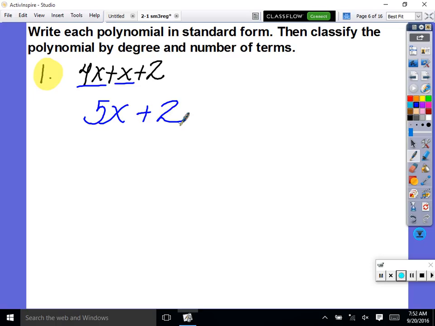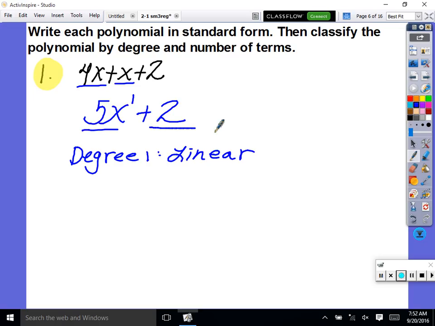So we have it in standard form, highest degree to lowest degree, and now we can name it. So what degree is this? It's degree 1, right? So it's degree 1. So we would call it linear. Very good. So it's a linear, and then there's how many terms? 2 terms.